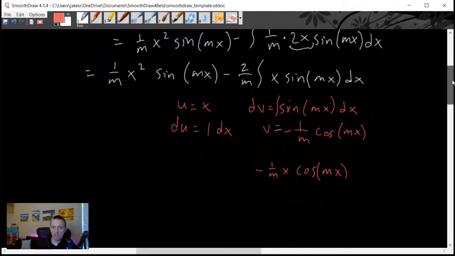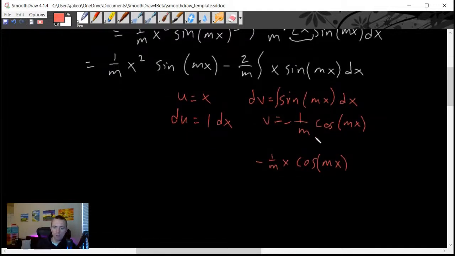Well, 1 dx is just dx, basically. So minus the integral of negative 1 over m cosine mx dx.